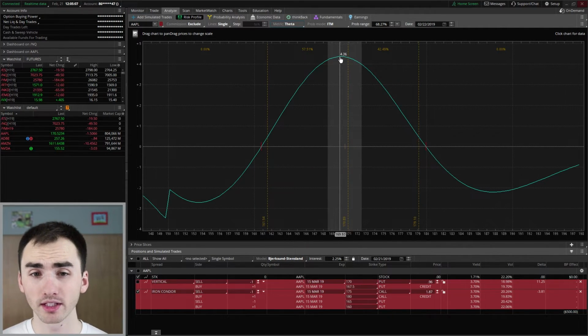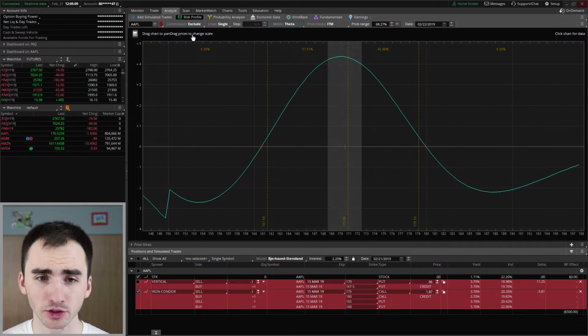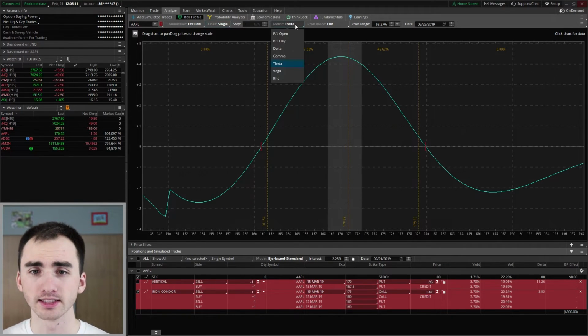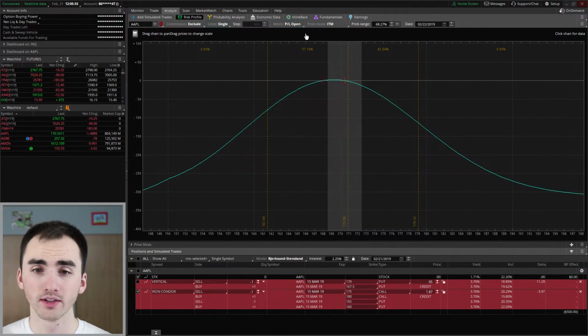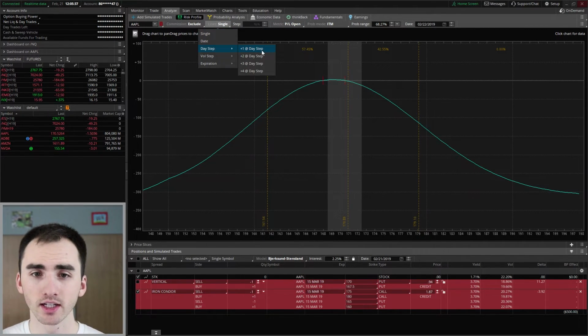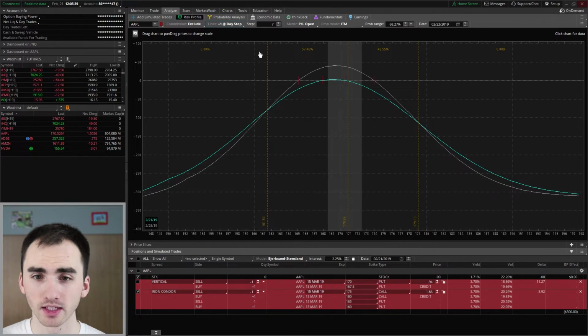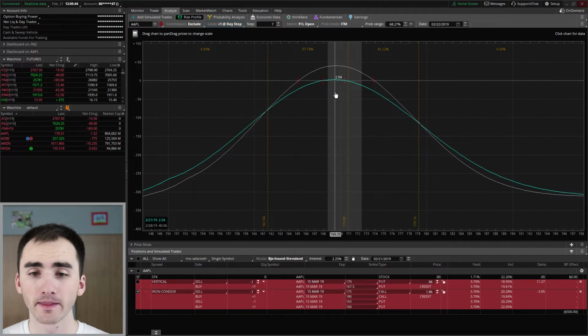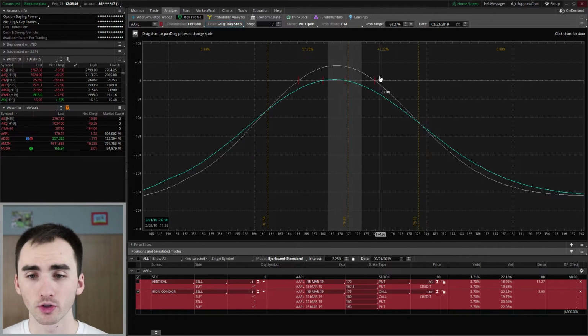And so one thing to understand that I can't illustrate very well on here is if we go back to the P/L open, as the option decays in time, you can actually add these lines to increase time. So let's just add one. As the time moves forwards, this will be more of what our graph looks like.